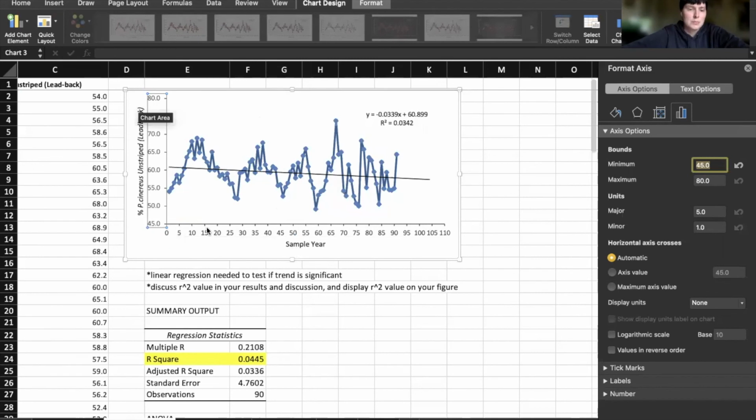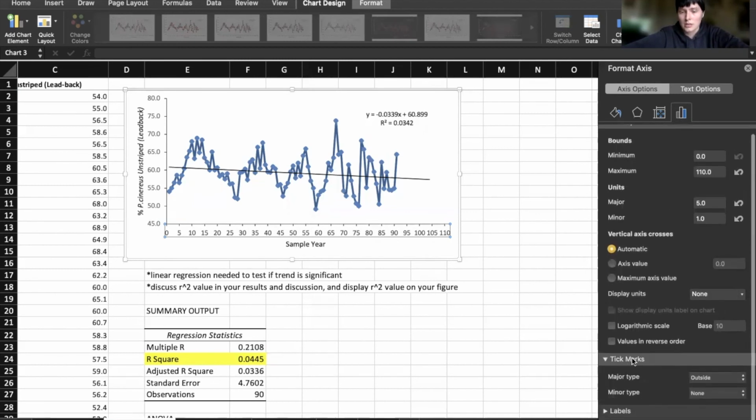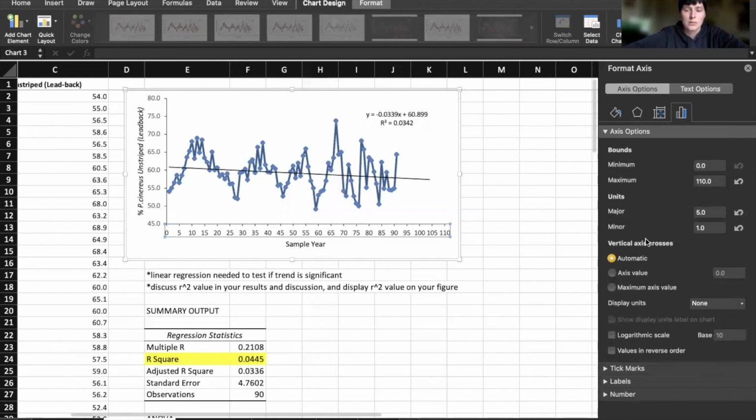To play with the bounds, you double click the x-axis or the y-axis, whichever one you want to adjust, and you go up to axis options, and then you click this little bar graph symbol, and under axis options again, there's bounds, and that's how you change your starting value and your ending value of your x and y axis. There's other formatting options down here: tick marks, labels, number. So if you ever are struggling with your axis and trying to make your units correct, this is probably where you're going to fix that.